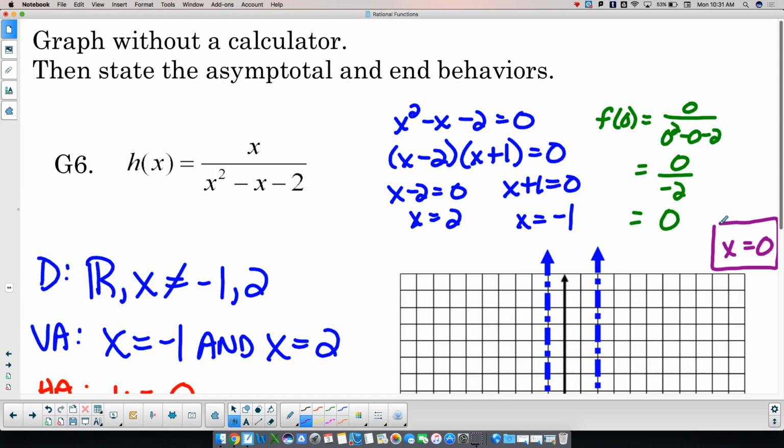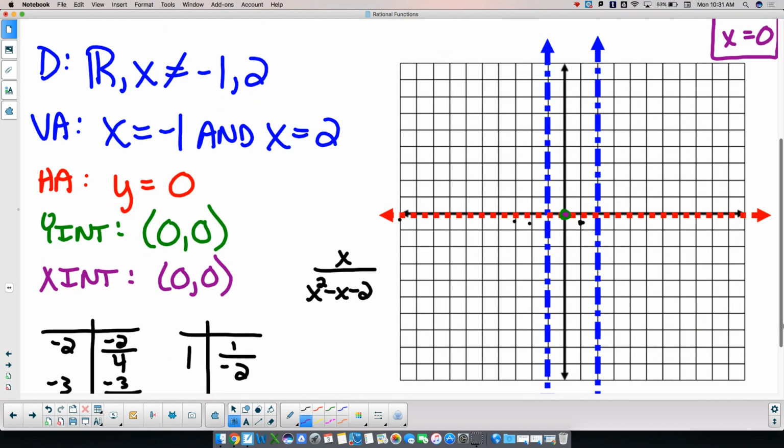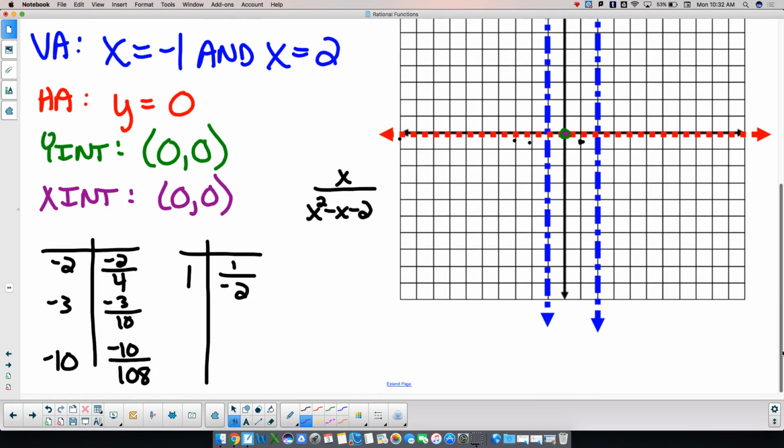It comes up, it kisses the axis, and then it goes back down, or it comes down, kisses, and goes back up. But because that's a singleton, it's a crossing. So that means that in this middle section, I'm going to be crossing over the x-axis right there. Okay? If you still need further proof of that, you would have to try something in the -1/2 range.